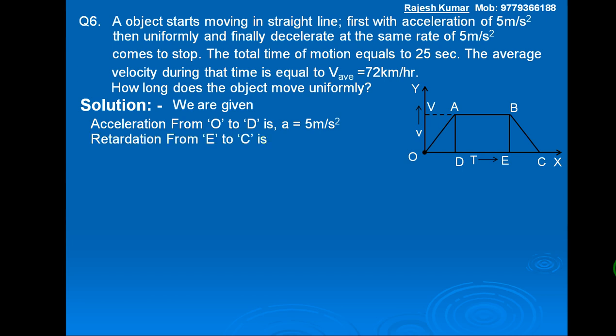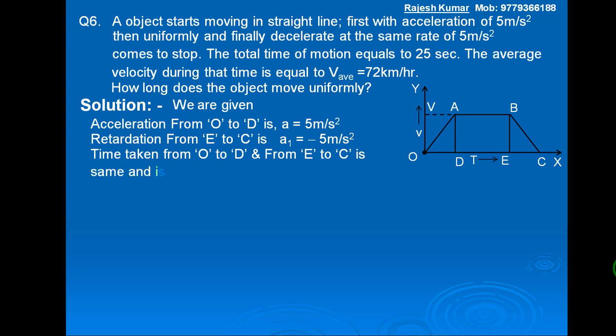Retardation from point E to point C, A1 is equal to minus 5 meter per second square. Time taken from point O to point D and from point E to point C is the same, and is equal to small t.